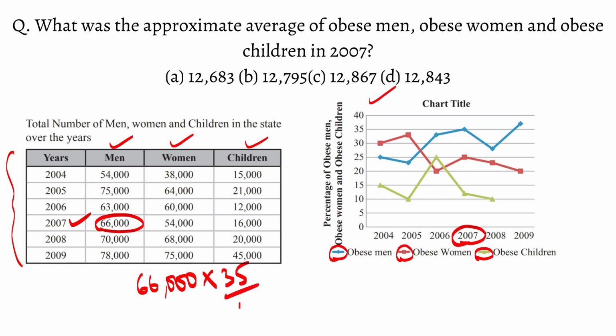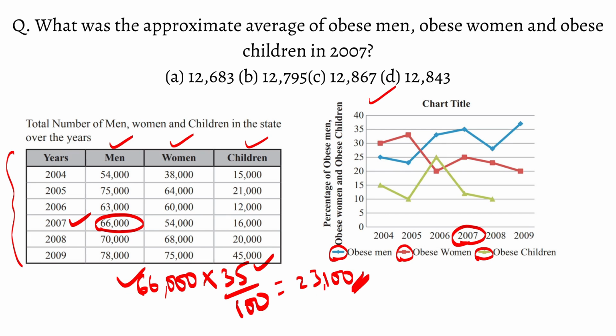So 35 by 100 of the total men are obese. We are asked to find the average, so we must first calculate the total number of obese men. This will be equal to 23,100. So the total obese men in 2007 are 23,100.